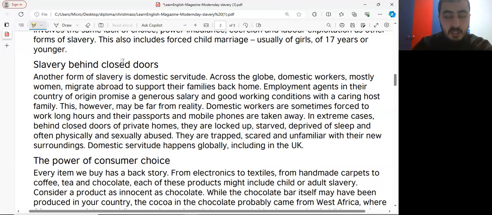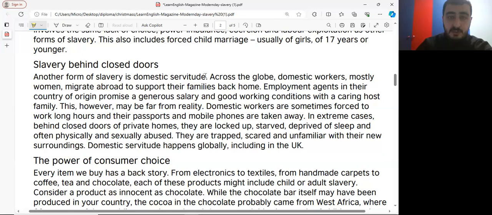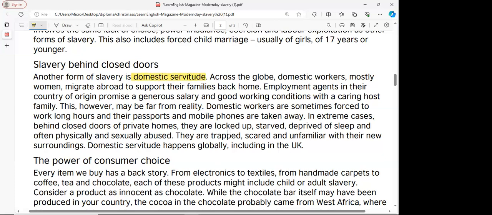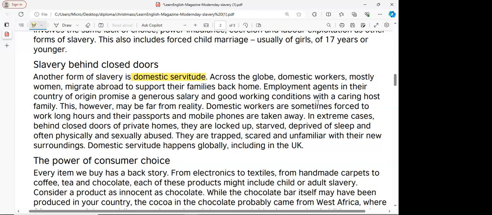So slavery behind closed doors، العبودية خلف الأبواب المغلقة. Another form of slavery is domestic servitude. حكينا عنها، الإكراه على الشغل جوا المنزل للتنظيف، على شكل شغالات. Domestic servitude.